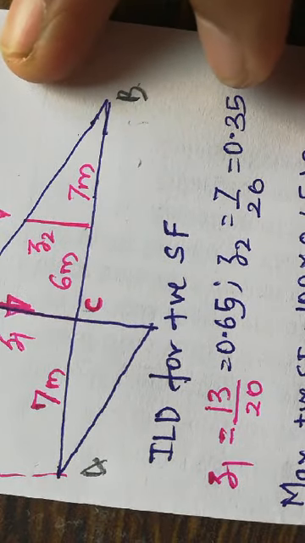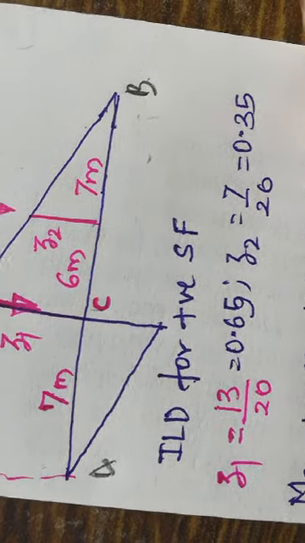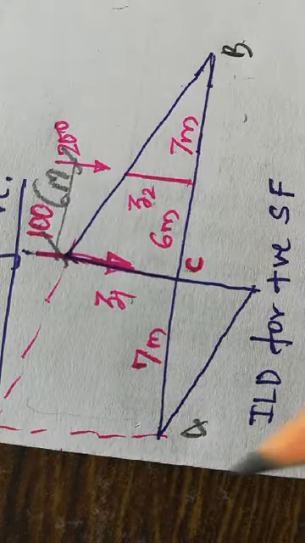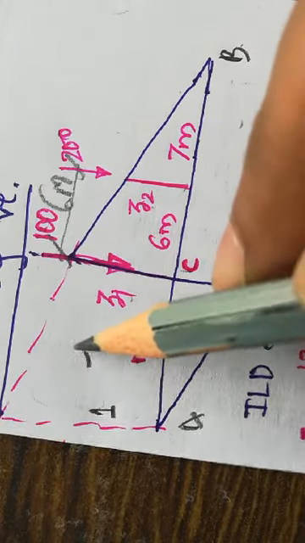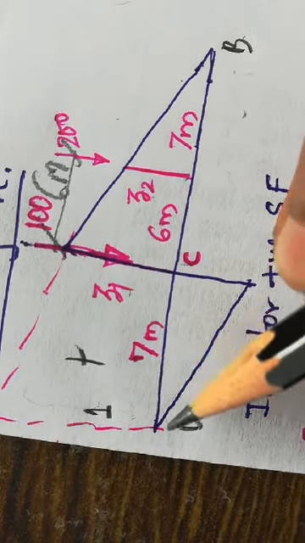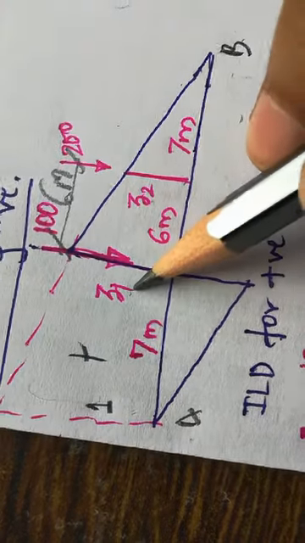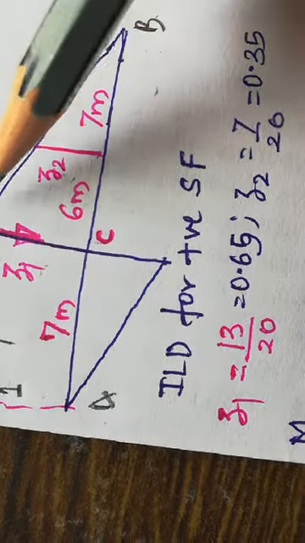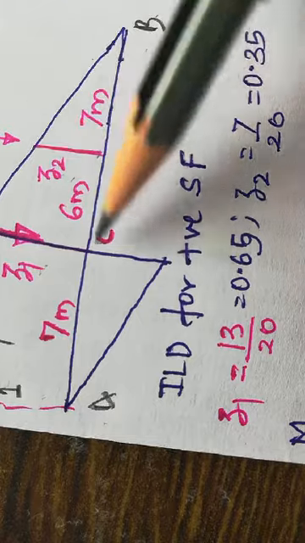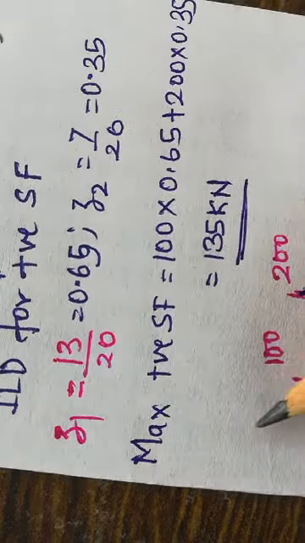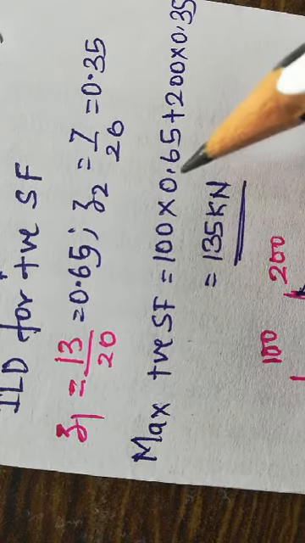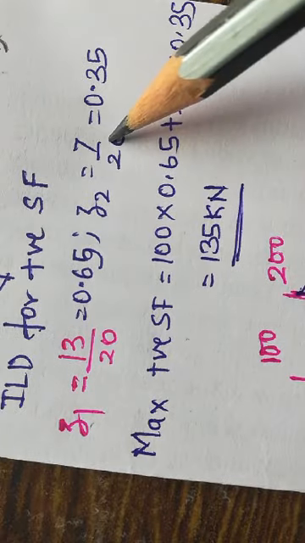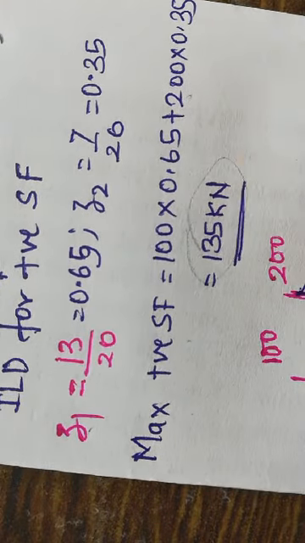Now this is Z1, this is Z2, and the ordinate here will be +1 since this is positive. Considering the upper triangular format, we calculate Z1 and Z2 as 13 divided by 20 and 7 divided by 20. The maximum positive shear force is 100 kilonewton multiplied by its ordinate and 200 multiplied by its ordinate, which gives 135 kilonewton.